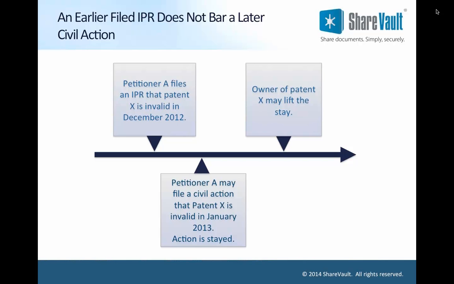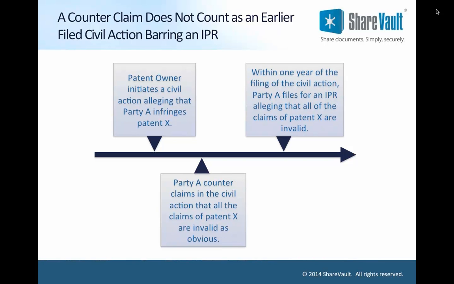So in this case, the petitioner filed the IPR in December, and then he brought a civil action in January. The action is stayed, but of course, the owner may lift the stay, which is what that last box shows.